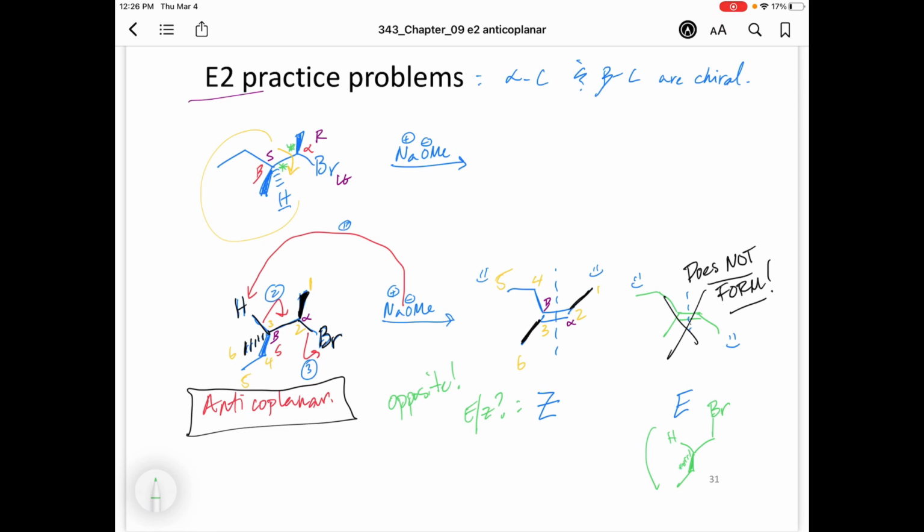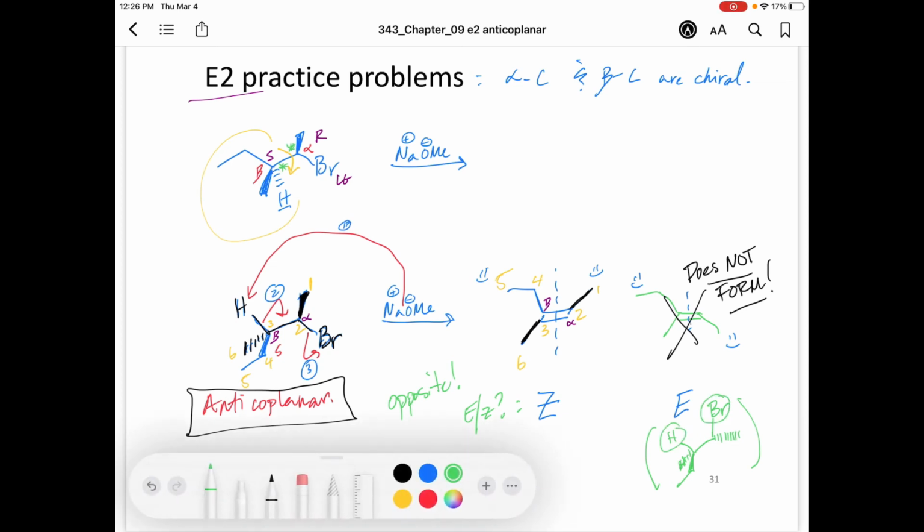So now I've pulled it up to the front, and so my methyl here is going back, and then I just have a hydrogen on this side. So this is what it would look like, and both of the CH3 groups are on the same side. We could then do our E2 reaction, but this is not anti-coplanar.